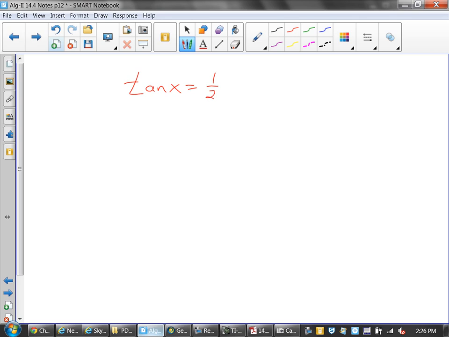When you do that in your calculator, make sure you're in radian mode. The reason we're in radians again is why? Because I said so. More specifically, your interval is in radians. If your interval is in degrees, then you can be in degree mode. In this case, it's in radians. When you guys did that, what was it? X was 0.46, I think. Is that right? Richie, is that what you got?